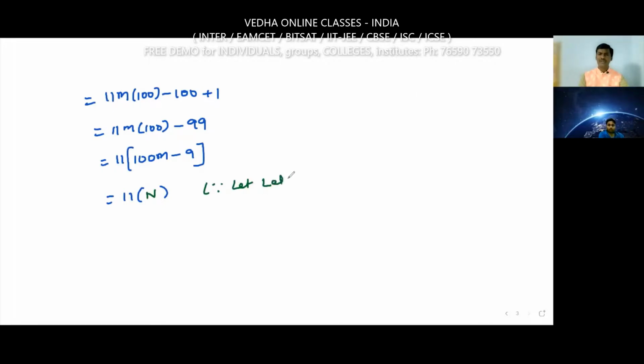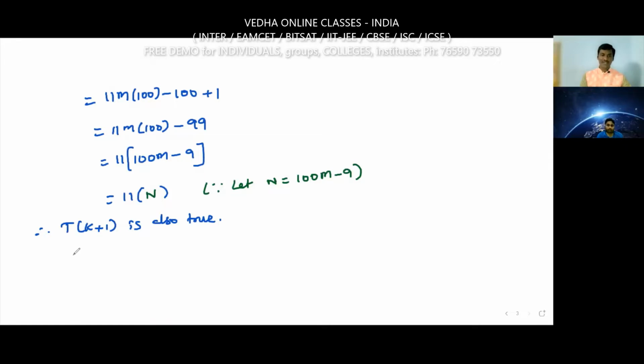So let n be equal to 100m minus 9. Is it in the form of a multiple or not? Yes, it is in the form of a multiple. Therefore, t of k plus 1 is also true, or we can write it as t of n is also divisible by 11 for n equal to k plus 1.